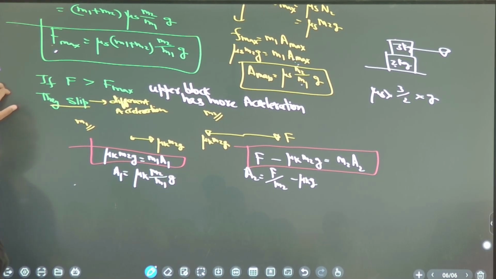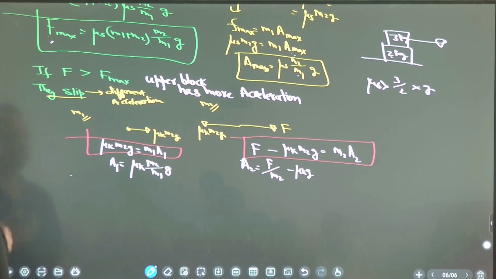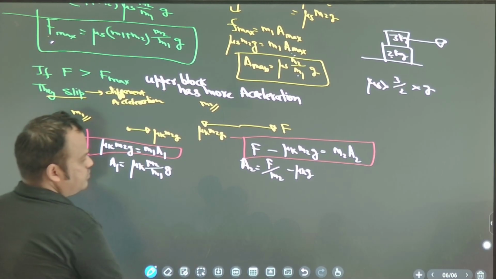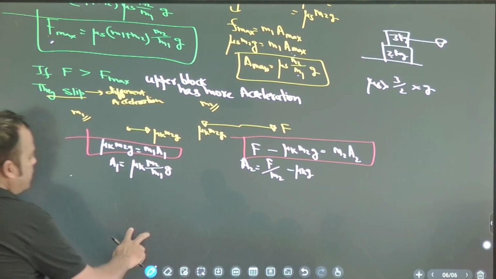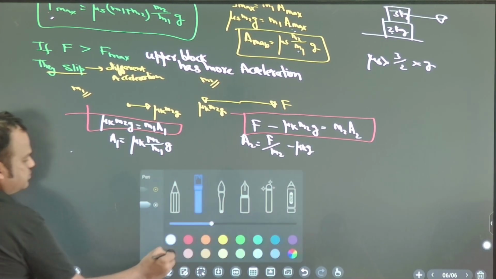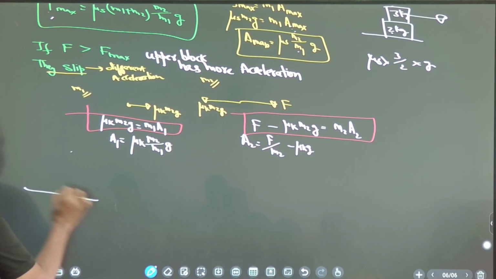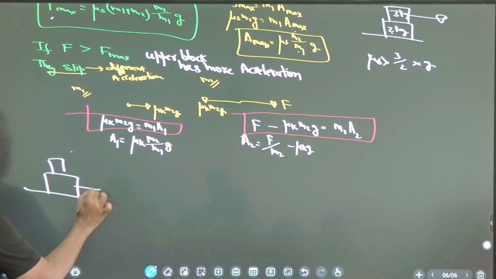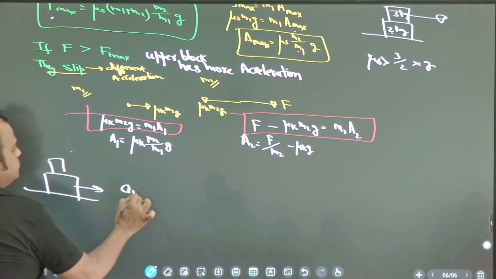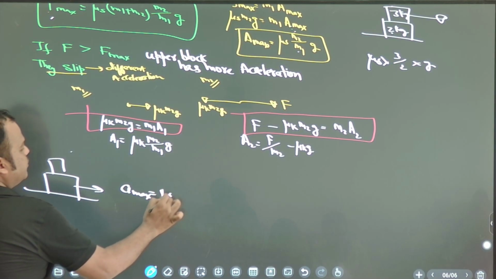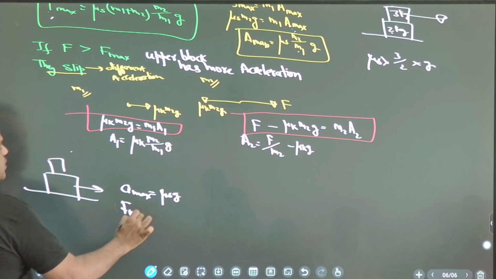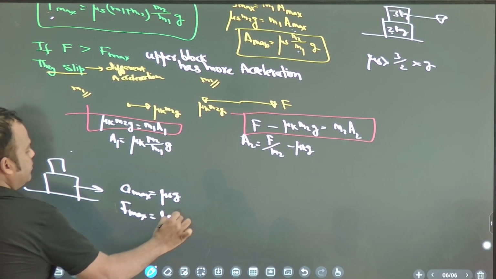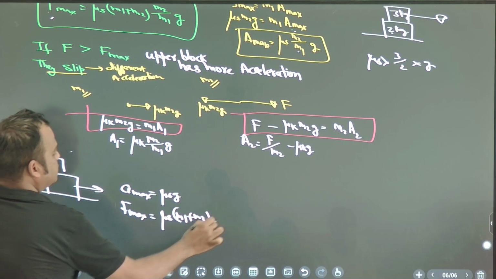Now come to that question. I am writing both formulas again. Suppose force is acting on the lower block: A max is mu s g, F max is mu s (M1 plus M2) g.